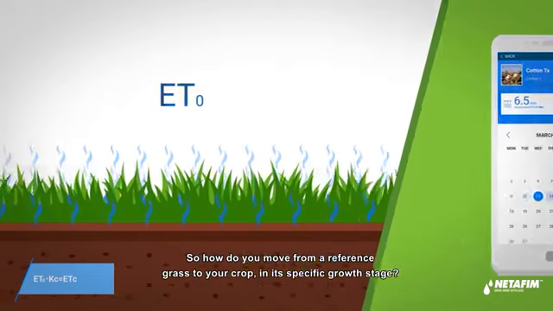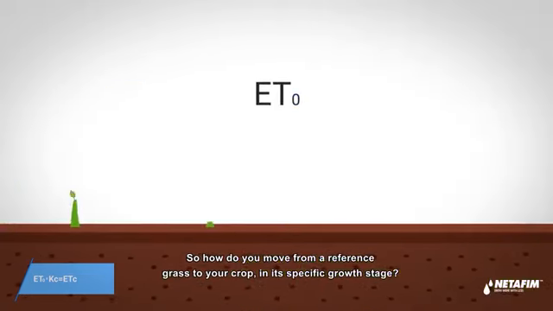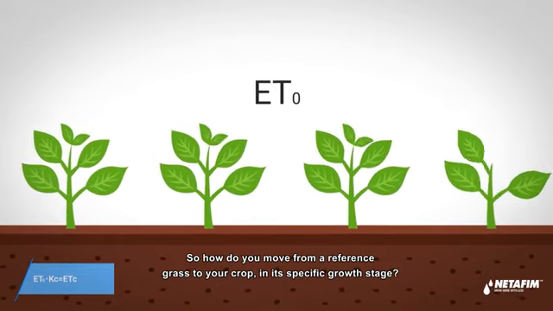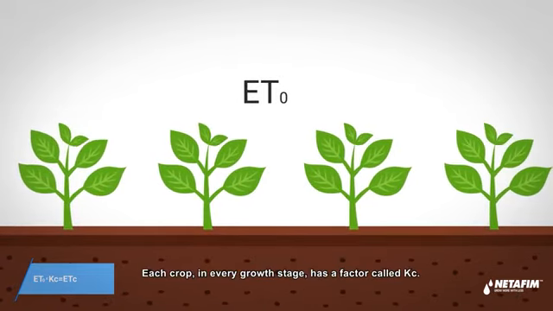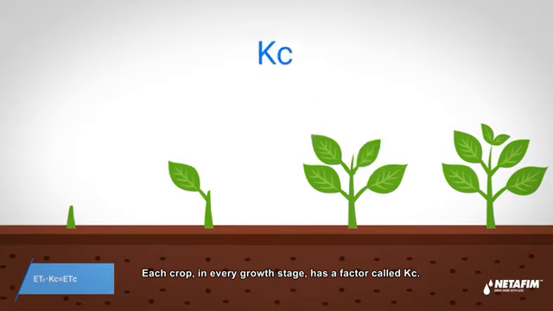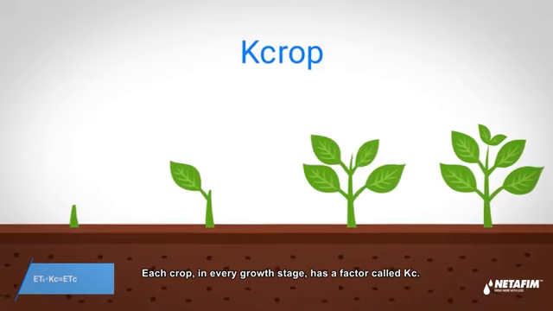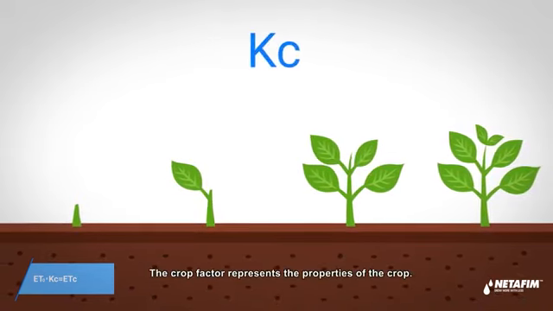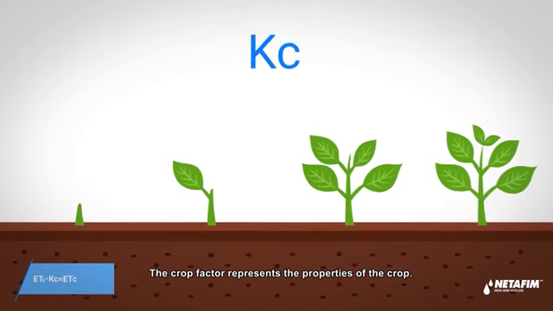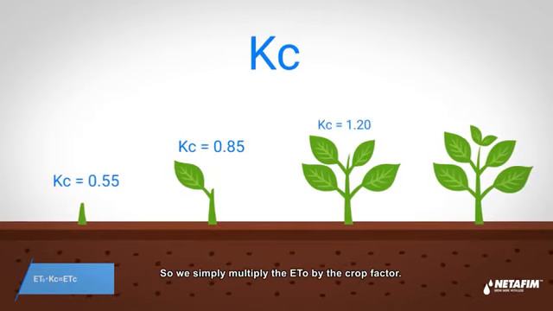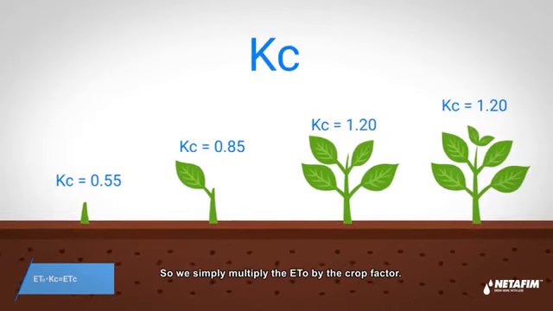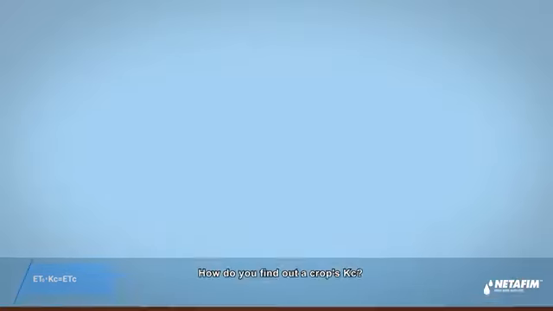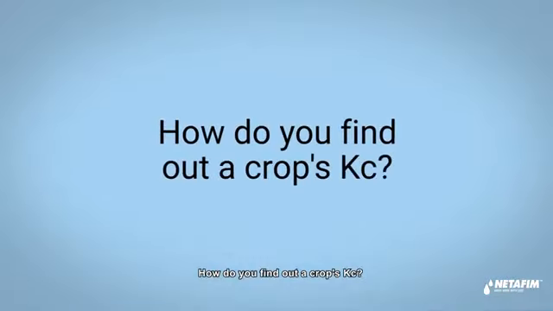So how do you move from a reference grass to your crop in its specific growth stage? Each crop in every growth stage has a factor called KC. The crop factor represents the properties of the crop. So we simply multiply the ETO by the crop factor. How do you find out a crop's KC?